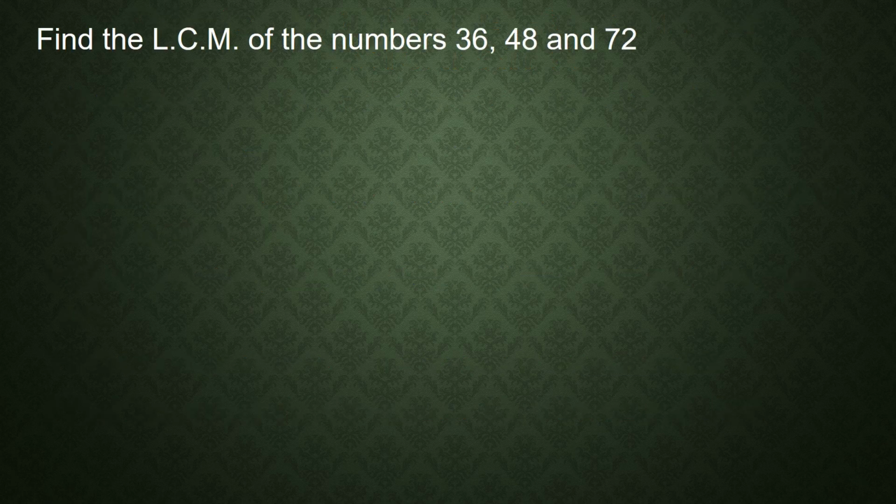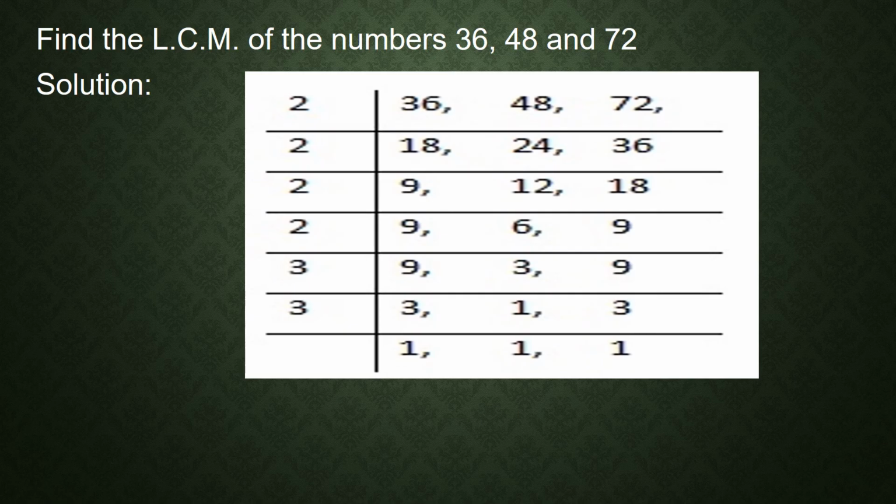Let's take one example to understand the steps. Find the LCM of the numbers 36, 48 and 72. Here is the answer. Here we have arranged all the given numbers in a row separated by commas. All are even numbers. So we will start with prime number 2.